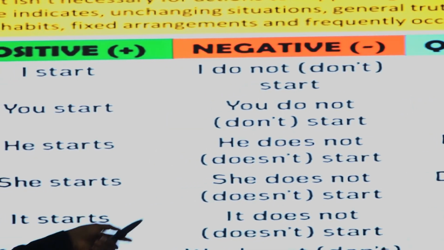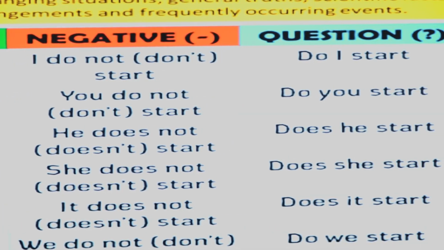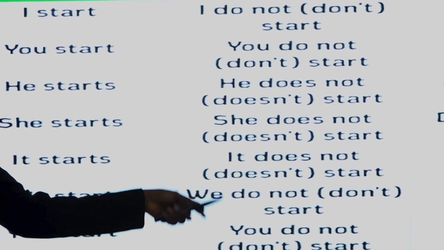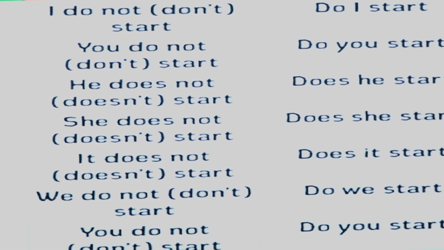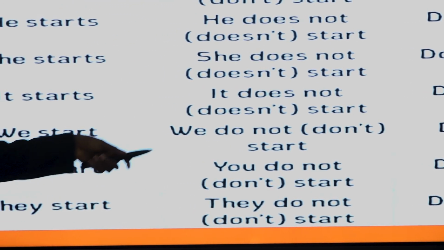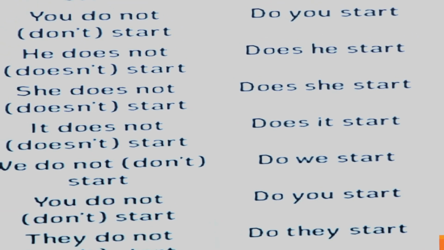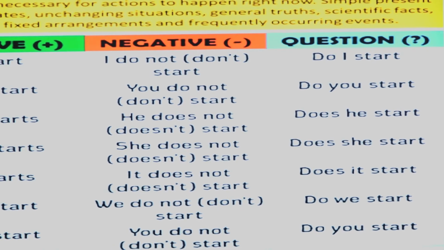It starts, it does not or doesn't start. Does it start? We start, we do not or don't start. Do we start? You start, you do not or don't start. Do you start? They start, they do not or don't start. Do they start? This is to show you that we use the word do when we are talking about plural, more than one.